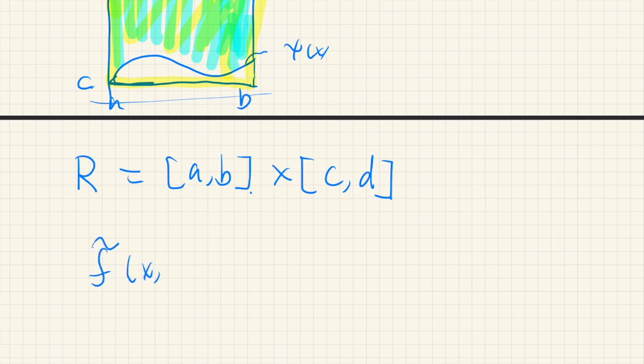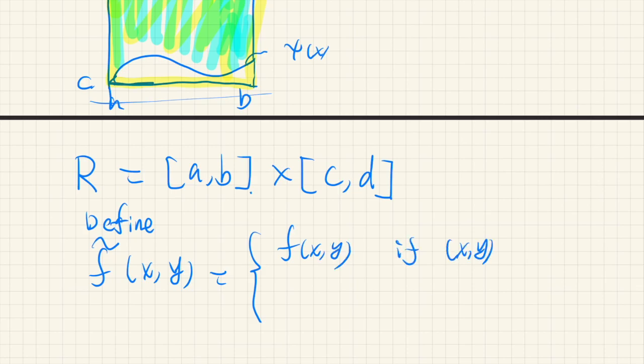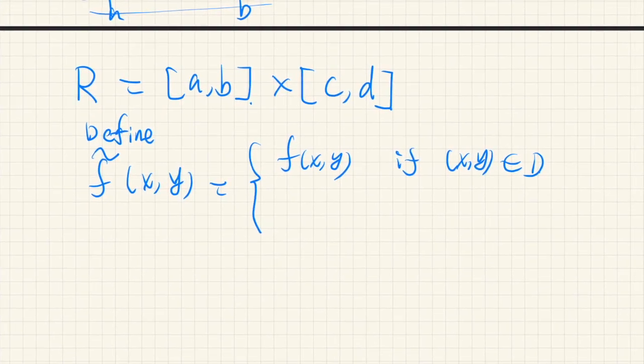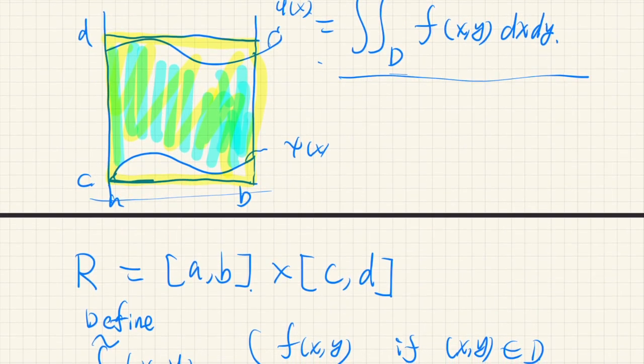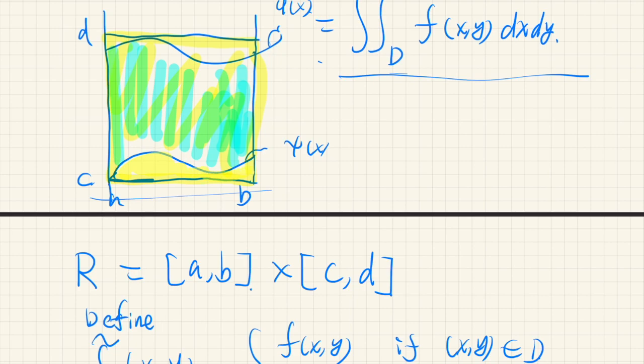Let's define f tilde of (x, y) equal to f(x, y) if (x, y) is in D, and it is equal to 0 if (x, y) is not in D. So in this yellow region, the value of f tilde is 0, but in this blue region, or maybe I should say green region, it takes the value of f(x, y).